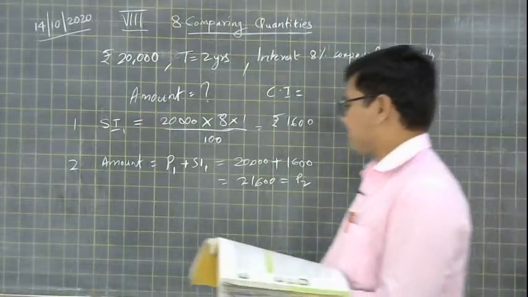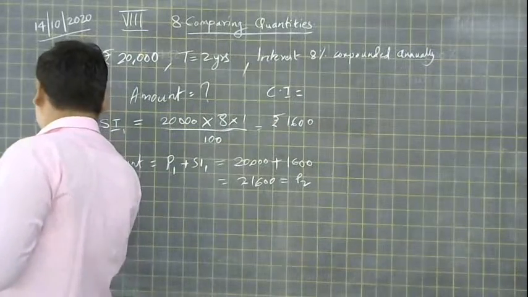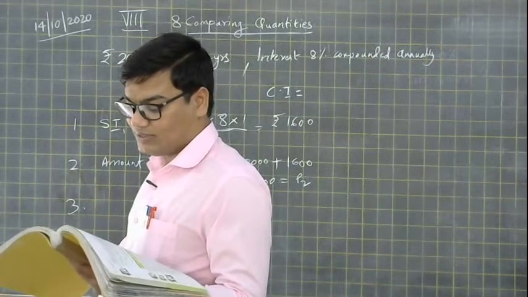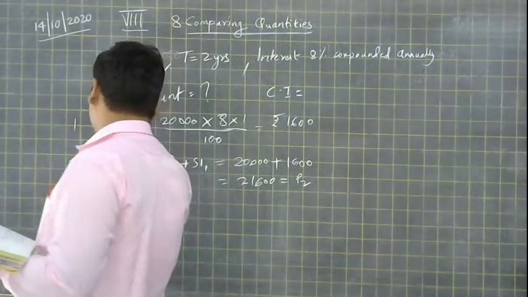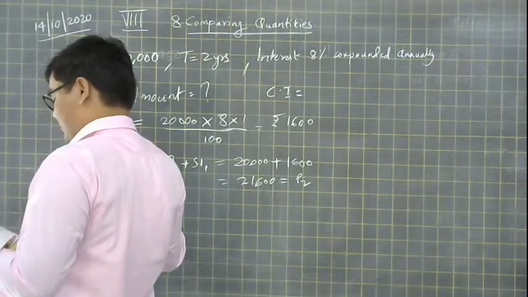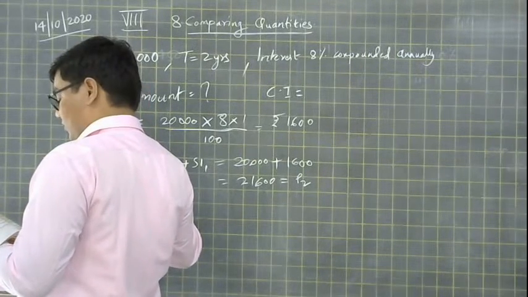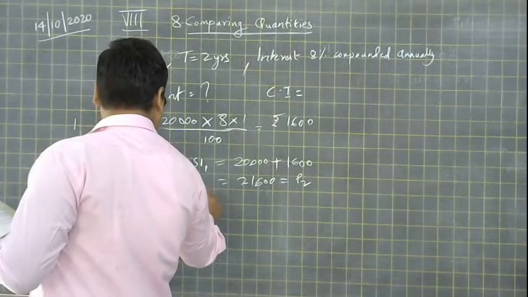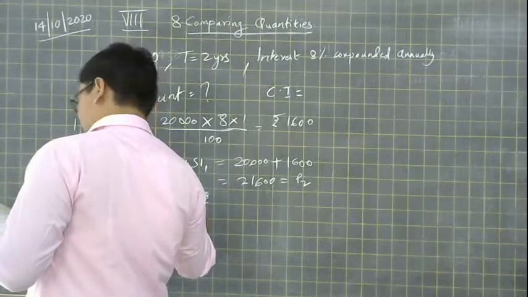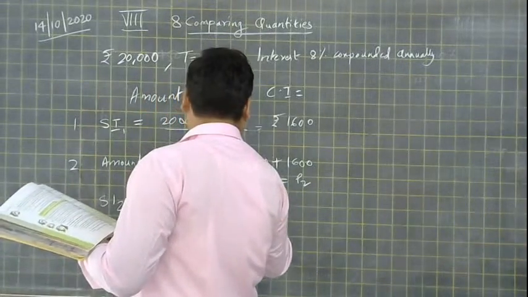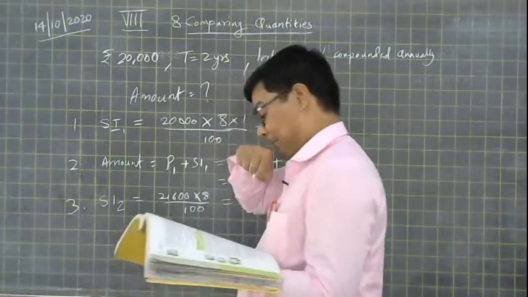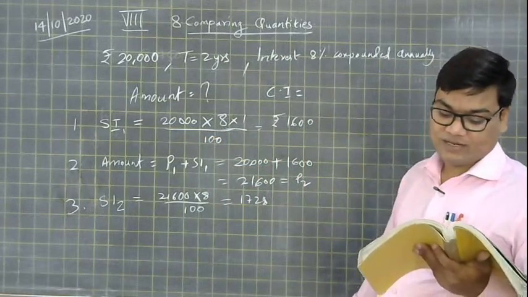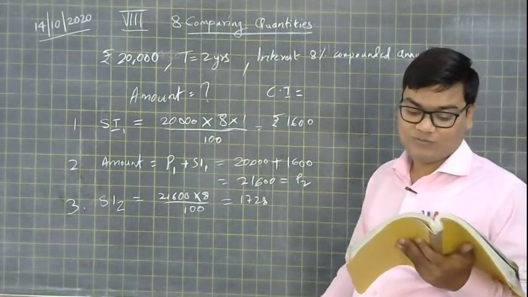Now step 3. In step 3, again we find the interest on this sum for another year. So SI2 is equal to 21600 into 8 upon 100, which is equal to 1728. Find the amount which has to be paid or received at the end of the second year.